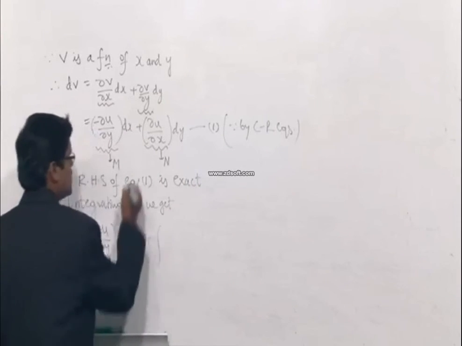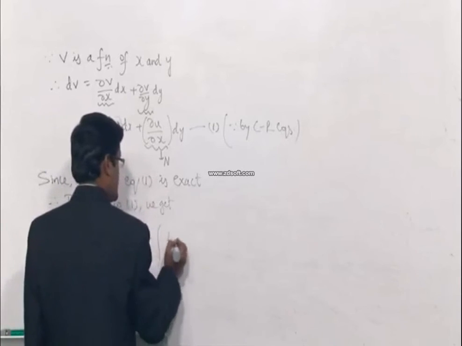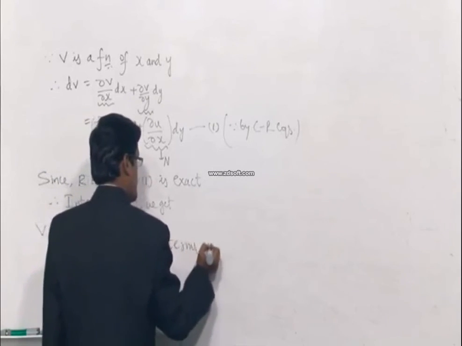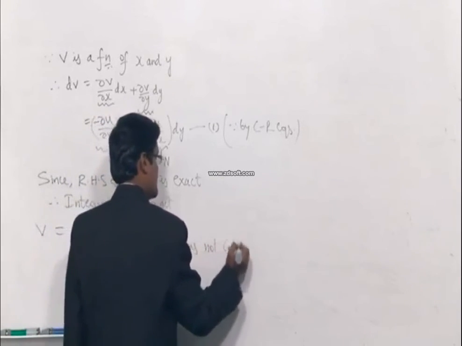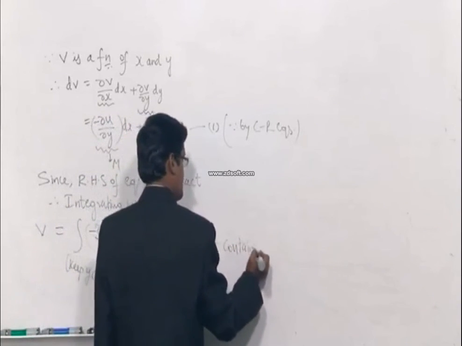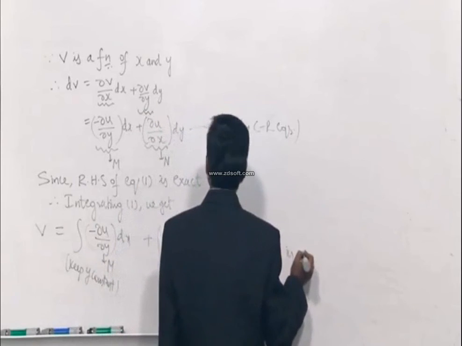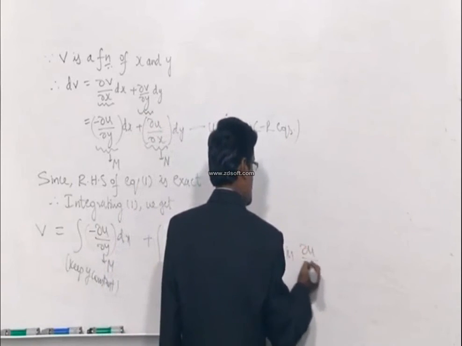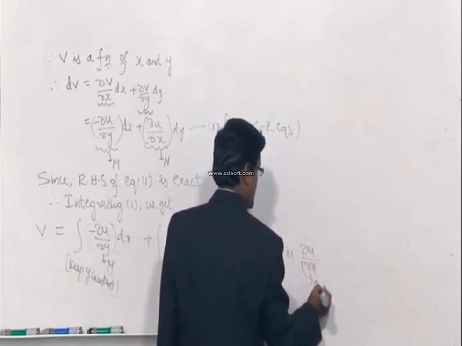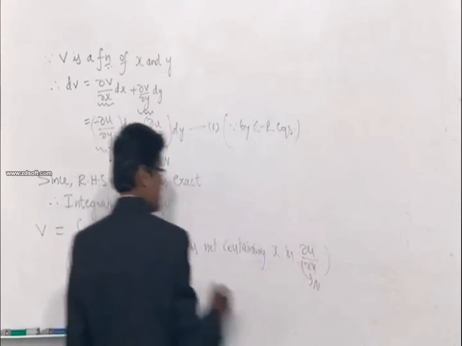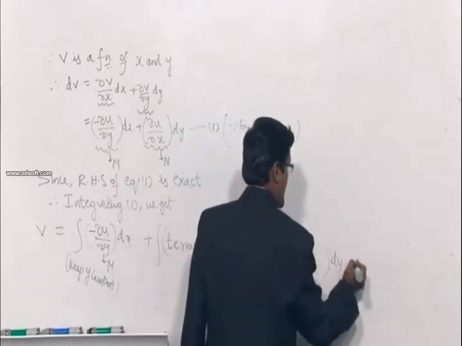Plus, in n, the terms not containing x. In n, what is there? Dou u by dou x, this is n. All these terms with respect to y, and adding c.